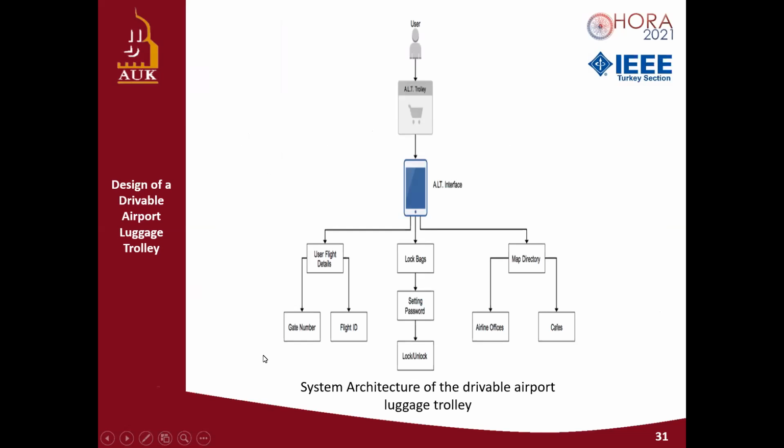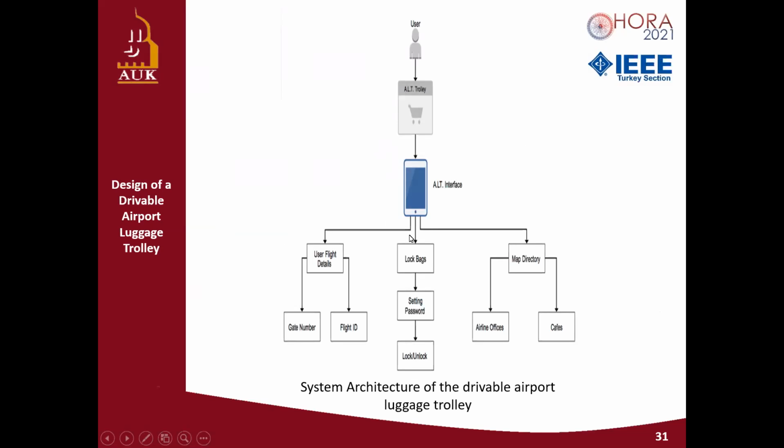This figure illustrates the system architecture of the proposed trolley. Of course, here we have the trolley itself, where the movement and the direction and the speed is being controlled by the user. And the second part is the interface through the iPad or the mobile. Here we can get the user flight details like the gate number and the flight ID.